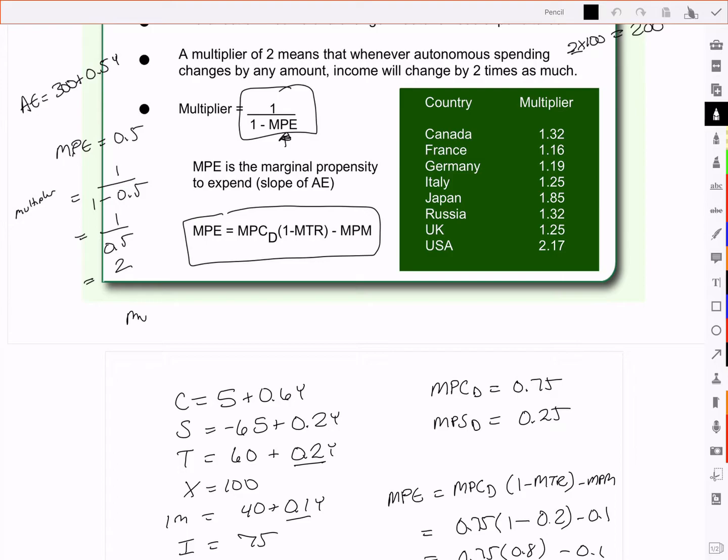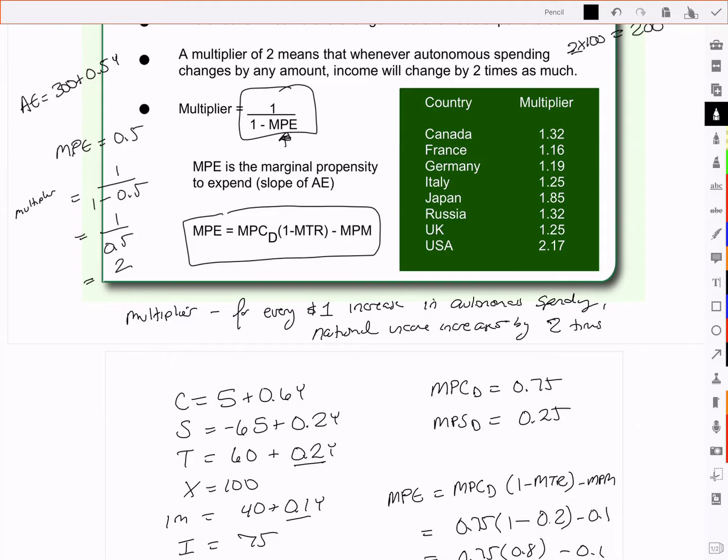So the multiplier tells you that for every $1 increase in autonomous spending, national income increases by whatever your multiplier is, in this case 2 times that.